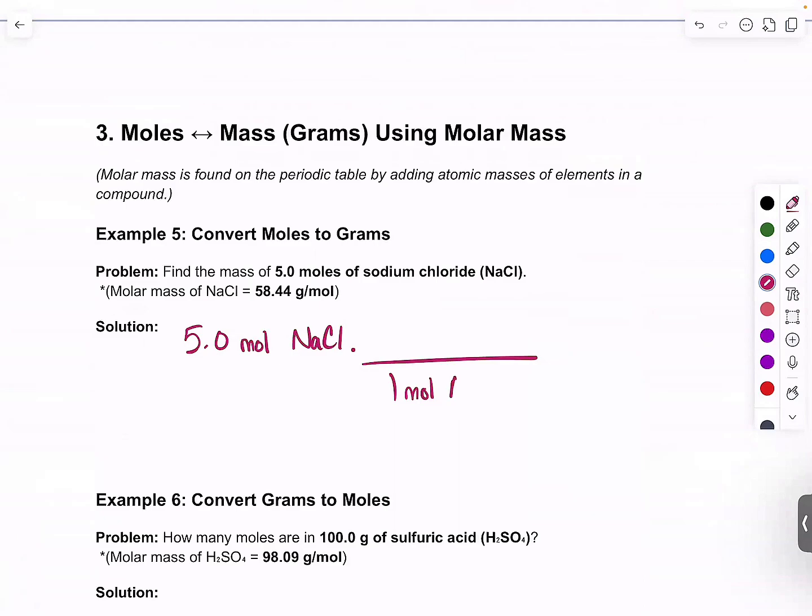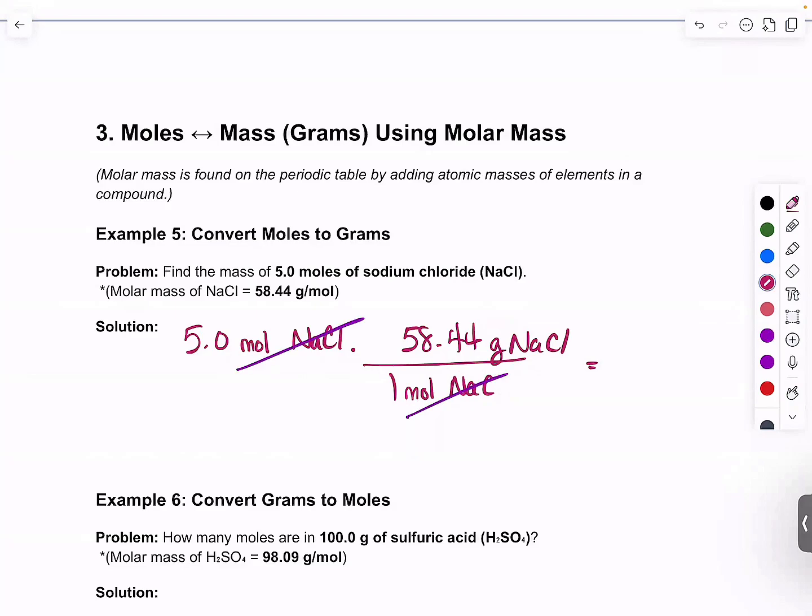1 mole of NaCl has a mass of 58.44 grams, okay? So notice grams per mole, right? Grams per mole there. So, grams of NaCl, we will cross those off.